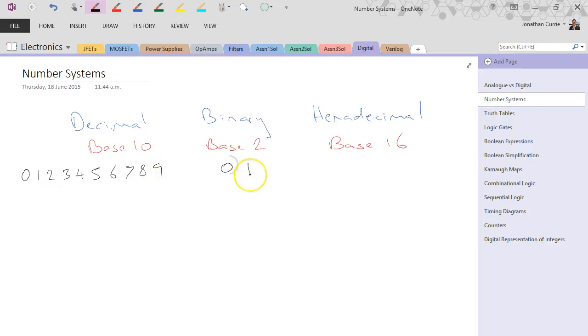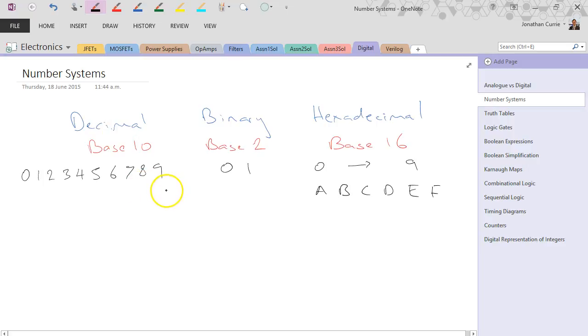In binary we have 0 and 1, and in hexadecimal we have 0 through to 9, and then A, B, C, D, E, F. So for one character or one number in decimal we can represent 10 different possibilities. Alright, base 10. In binary we can represent 2 possibilities, and in hexadecimal we can represent 16 possibilities. Noting that effectively these letters correspond to the numbers 10 through to 15.